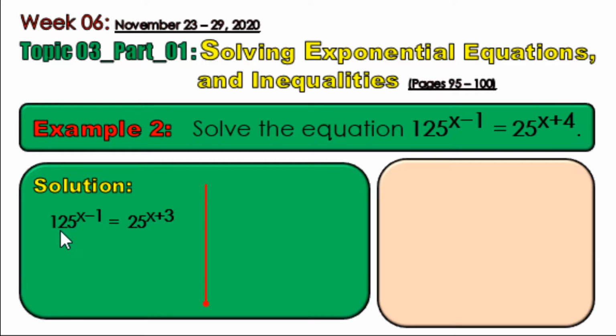How do we make the equation have the same bases? Our 125 can be expressed as 5 cubed, and 25 can be expressed as 5 squared. Then we can apply the laws of exponents and multiply these two exponents and these two also.